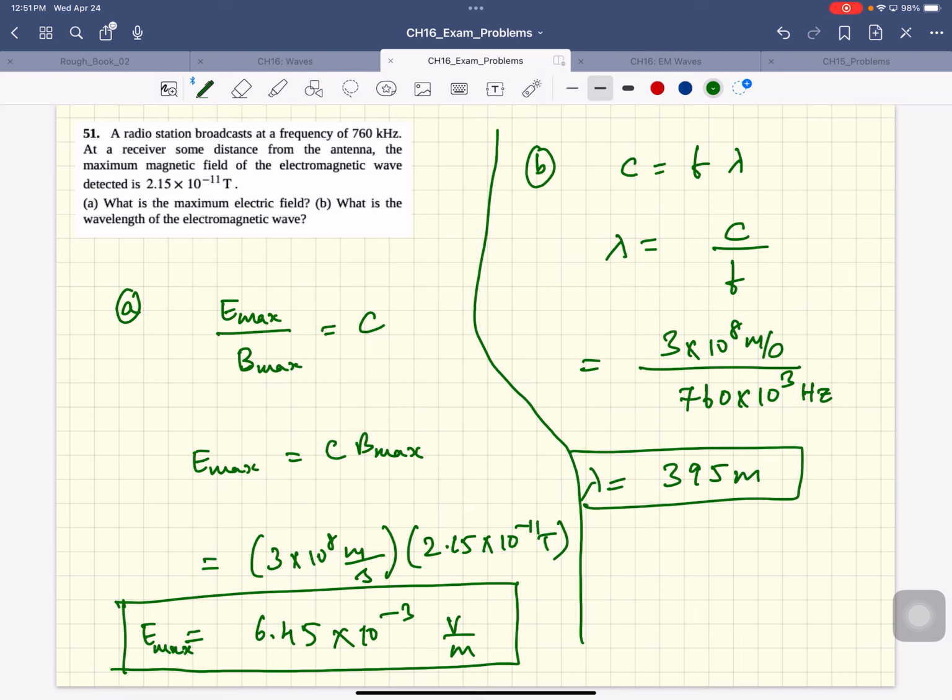So the wavelength of this electromagnetic wave is 400 meters, which is roughly from here to Mainland High School.